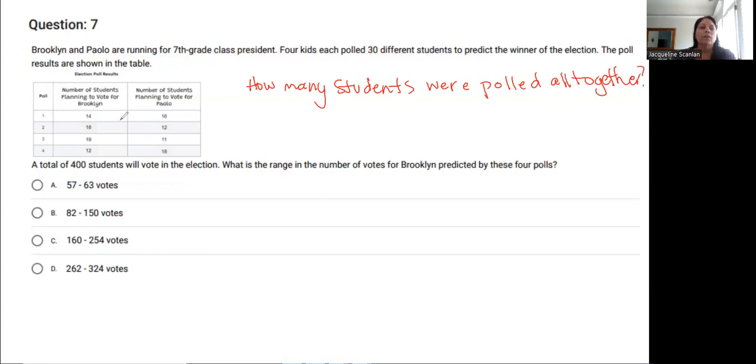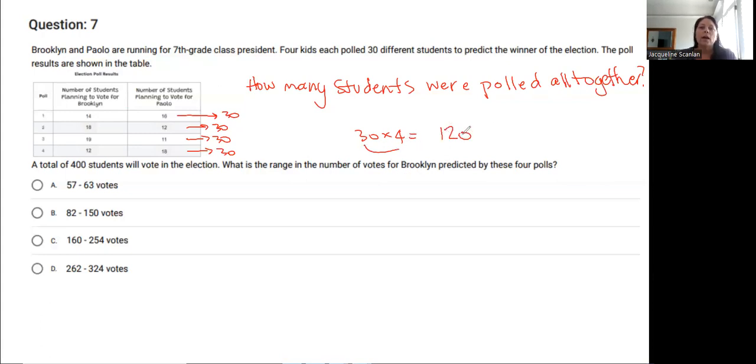All right, so how could I figure that out? Well, this student polled 30, and this student polled 30, and so on. So I could do 30 times 4, and that would give me my total number of students that were polled. We call that my sample space. So 3 times 4 is 12, so 30 times 4 is 120.